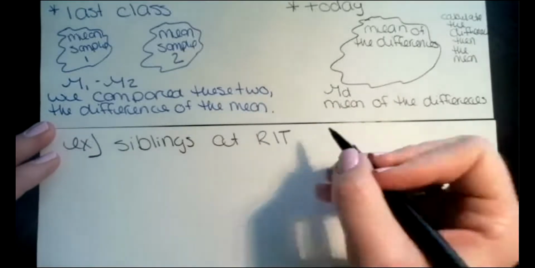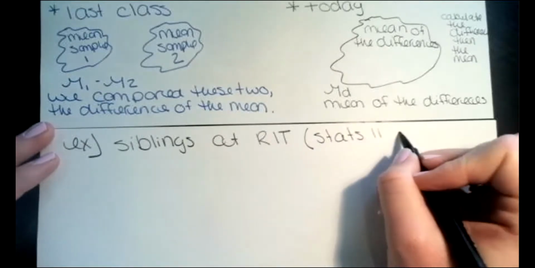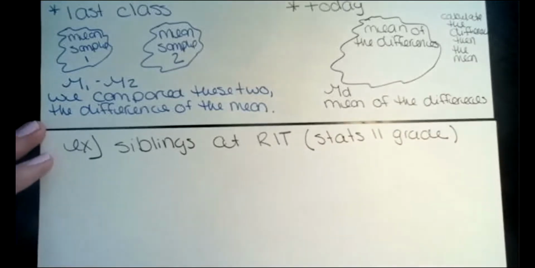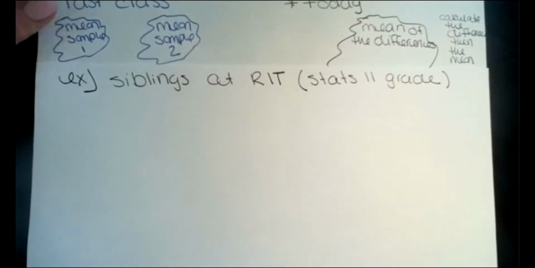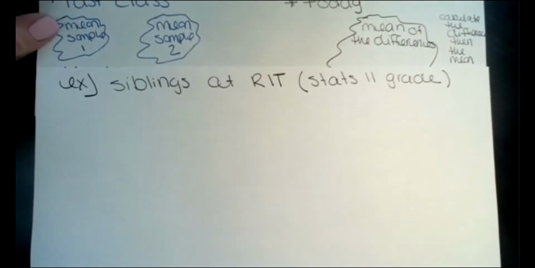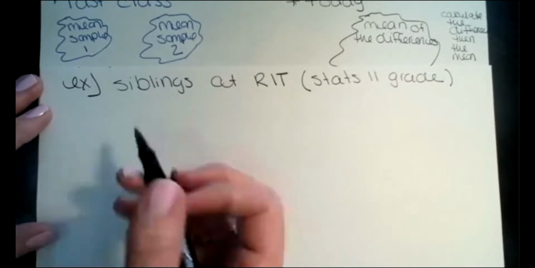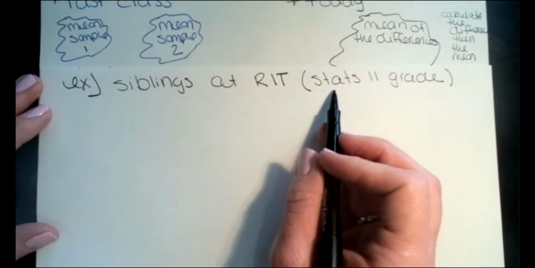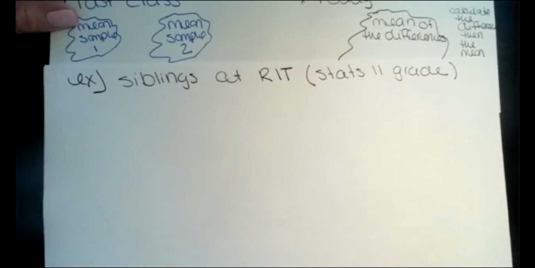Okay, and maybe I want to study the stats 2 grade between siblings. This happens to me every once in a while. I've had a sibling and then I have another one, and they say, oh, you have my brother or my sister a year ago or whatever. It's pretty funny. But maybe I want to study siblings at RIT, and their stats 2 grades, right? Their overall grades. So I wouldn't have that for this semester.